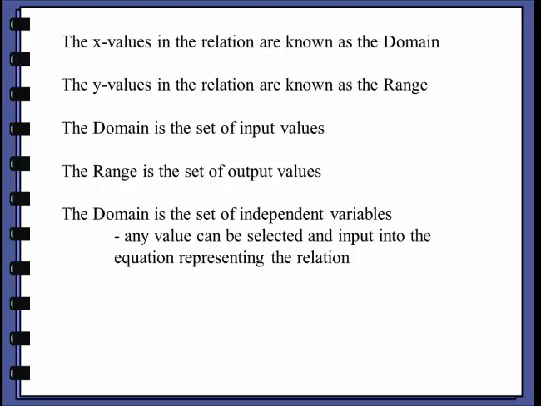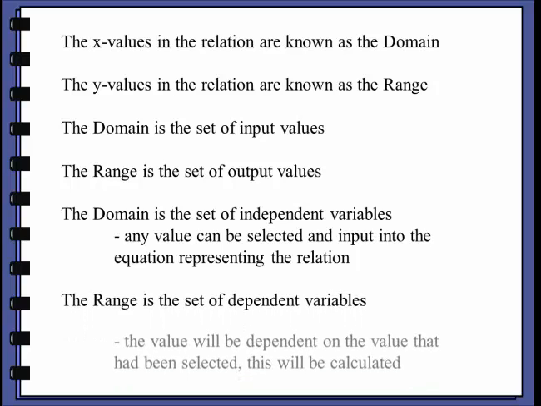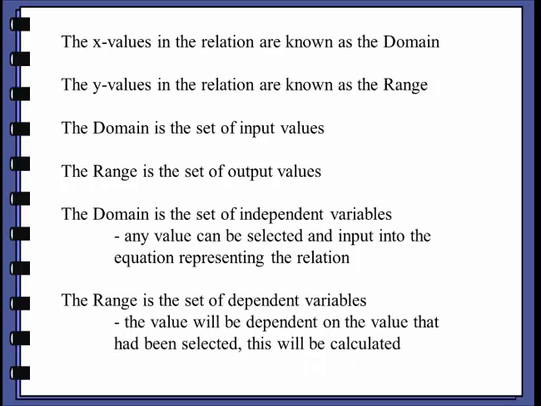So you can pick anything out of the domain. And then the range is the set of dependent values, and that value will be dependent on the one you had selected from the domain. So if I pick a 5 out of the domain, I'm not going to get just any number in the range. I'm going to get a very specific number that goes with the 5.